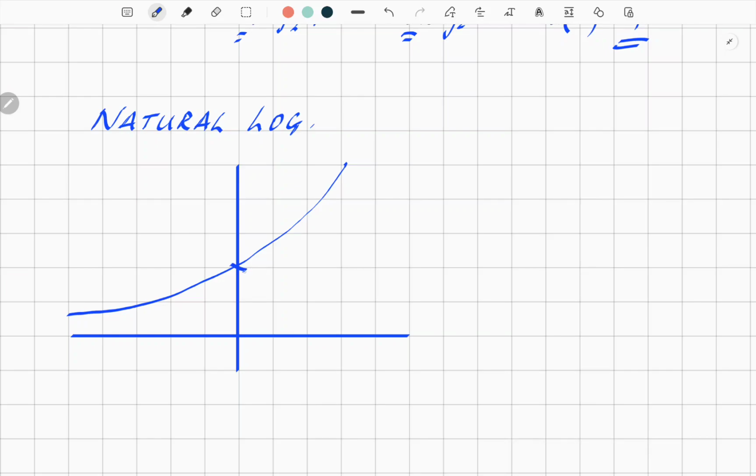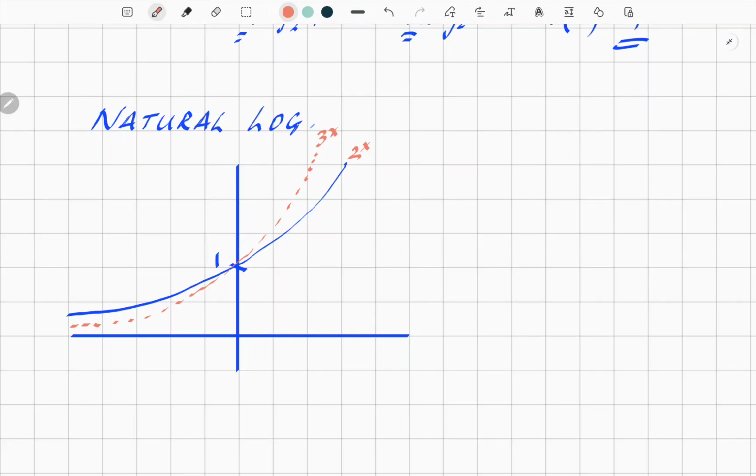But every single one, no matter what the base, is always going to cross the y-axis at 1, because any number to the power 0 will be 1. Okay, all right. Then, and if I do different colors now, so imagine that that is 2 to the x. All right. If I have 3 to the x, it's going to get steeper more quickly.